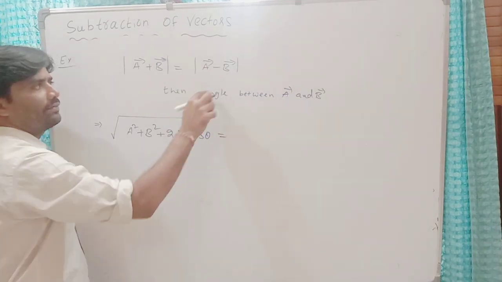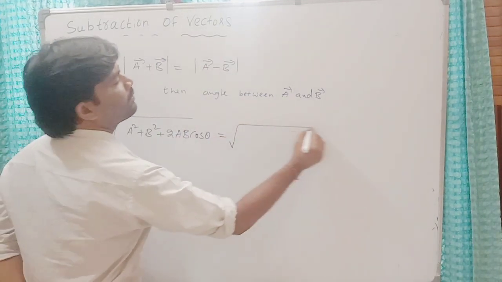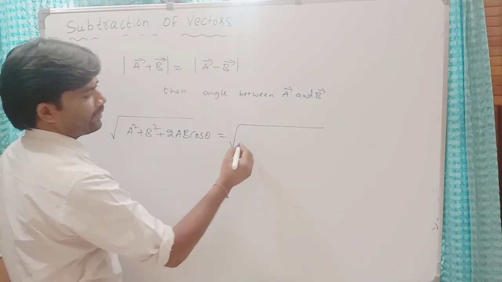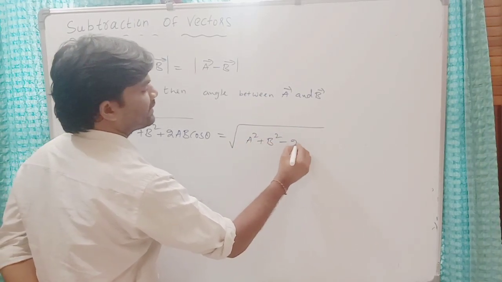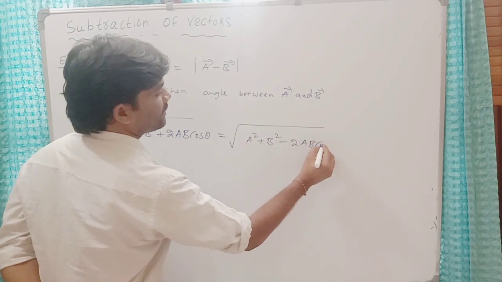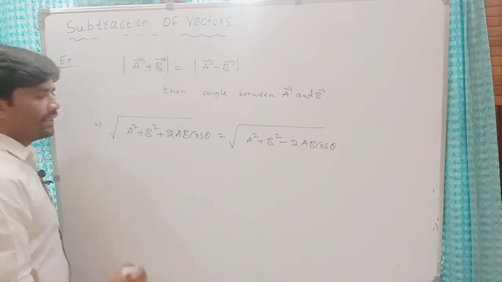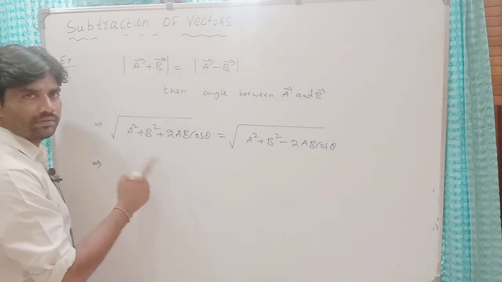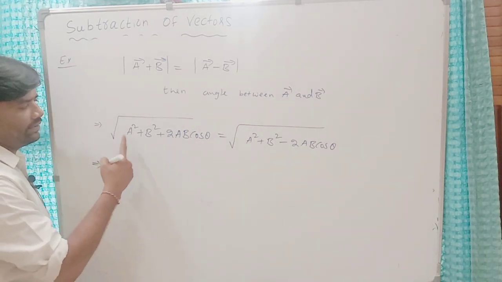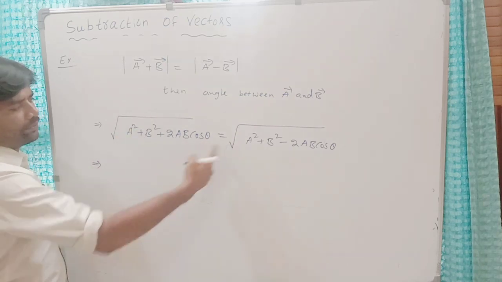Now what is the mod of A minus B? Mod of A bar minus B bar is the root of A square plus B square minus 2AB cos theta. Squaring this equation on both sides, the root gets cancelled.